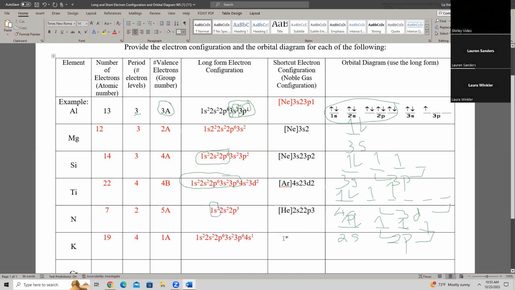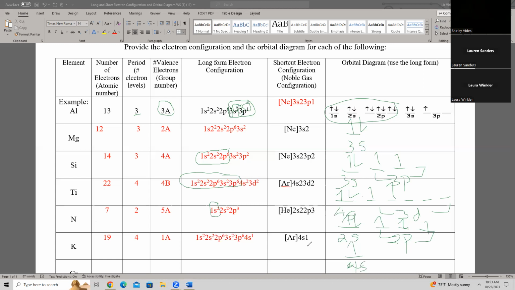It is argon again, and it is just 4s1. So very short. All we need to draw now is just the 4s1. That's it. All right, and that's those.